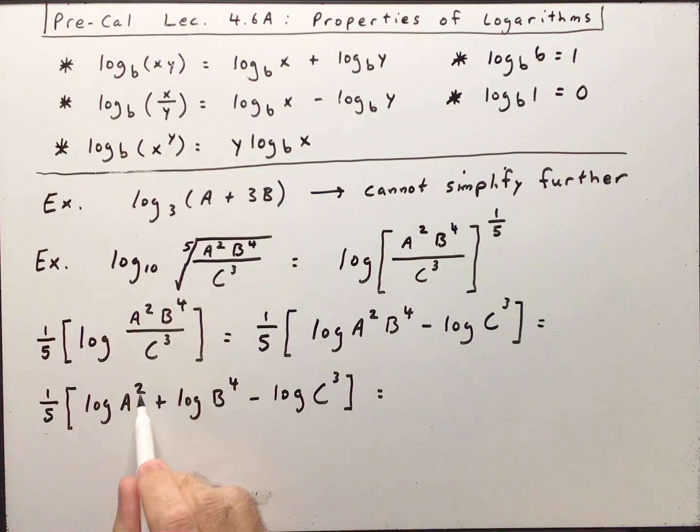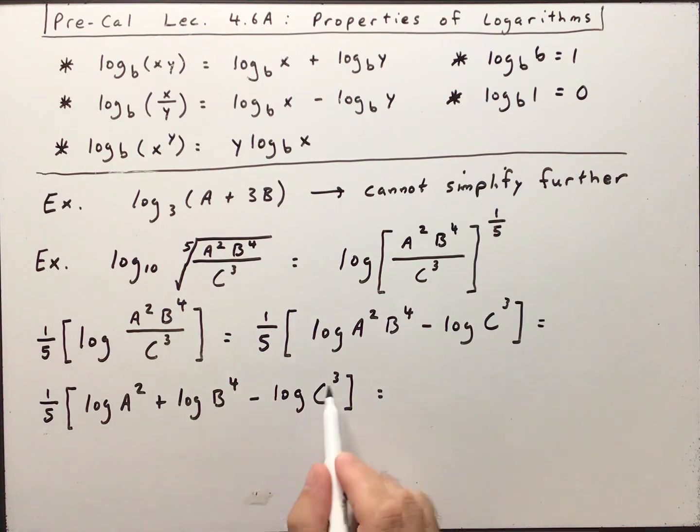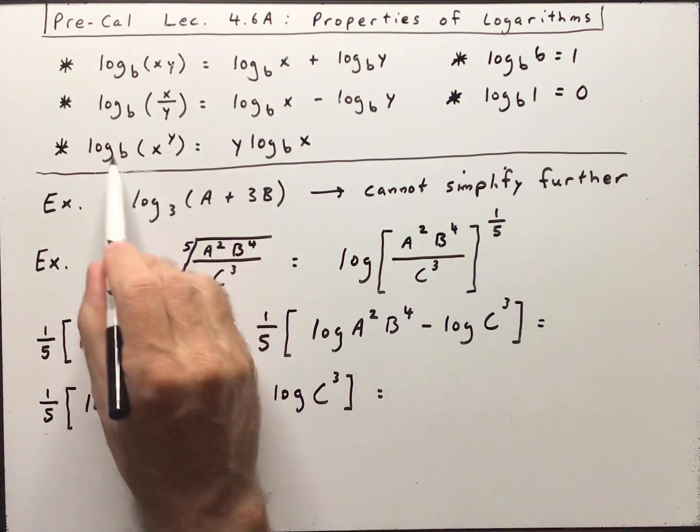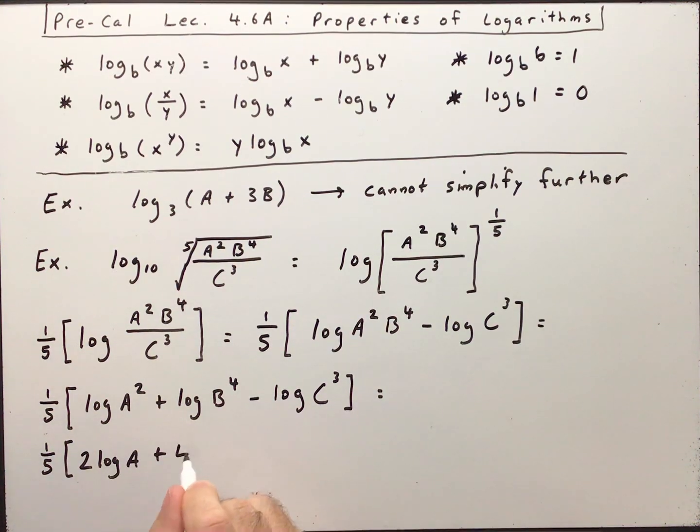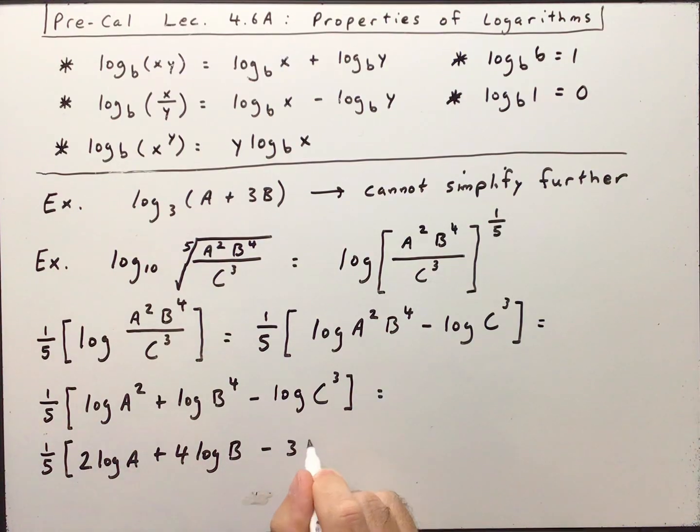Now what I'm going to do is take these exponents, bring them out front for all three. So we're going to use this third property. This is just 1/5 times 2 log a plus 4 log b minus 3 log c. All right, brought that exponent, made it a coefficient.